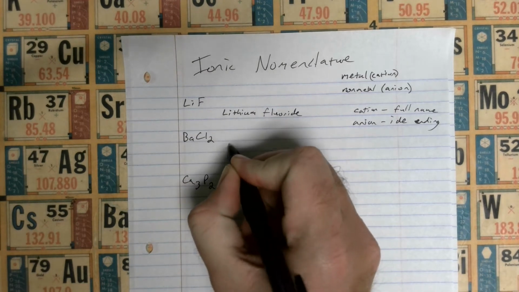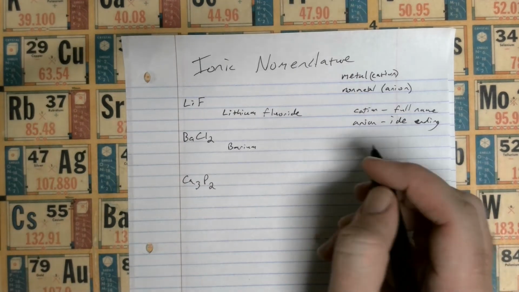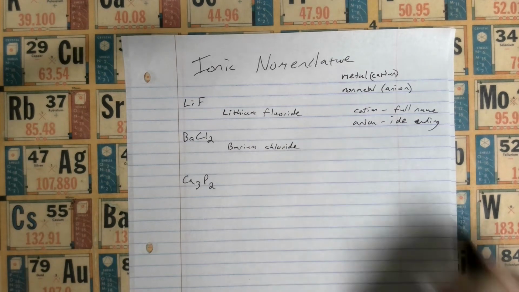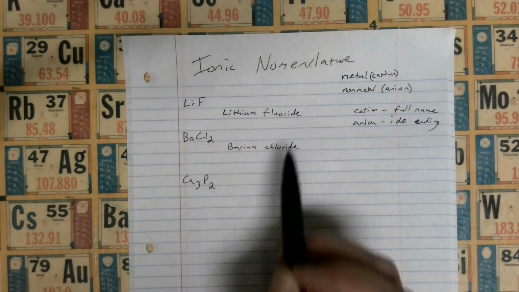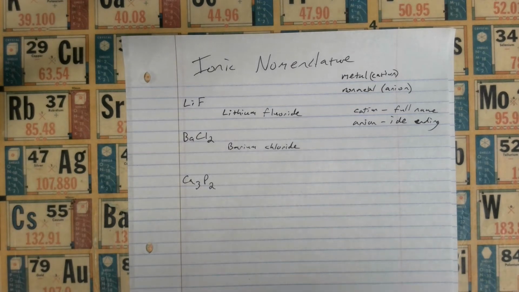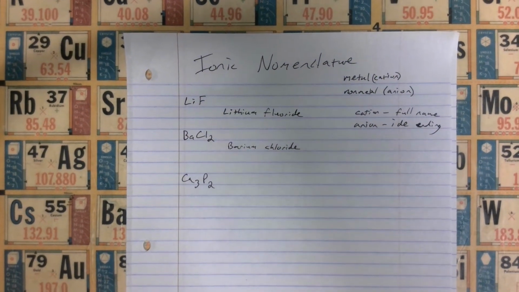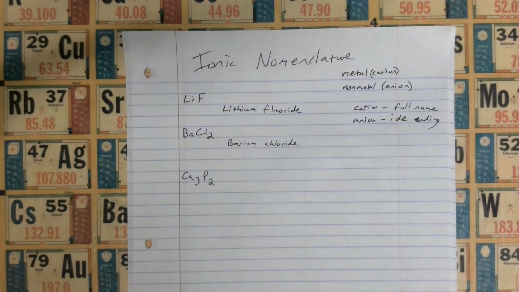BaCl2, barium, is Ba. And then Cl is chlorine. We change it to chloride. Notice there's a 2 here, but that does not come into play in the name. The reason for that is because we already know that barium's charge is going to be the same and chlorine's charge is going to be the same, so we don't need to distinguish that.